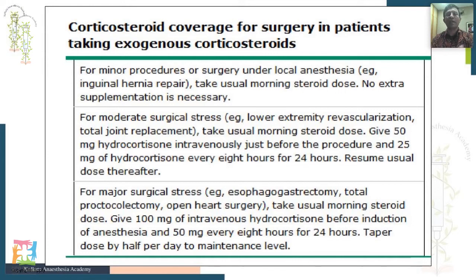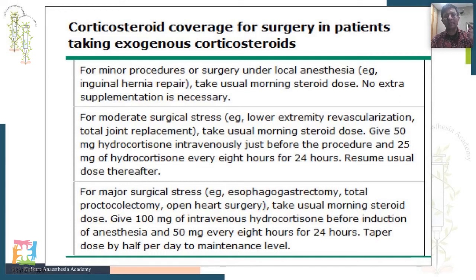And how much is this empiric dose? If it is a minor procedure, just give the morning dose that the person is receiving. If it is an intermediate procedure like a joint replacement or revascularization of the extremities, give 50 milligrams of hydrocortisone IV before induction, and repeat 25 milligrams after 8 hours for 24 hours.